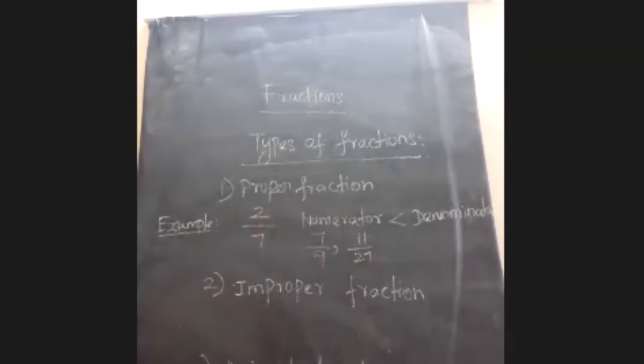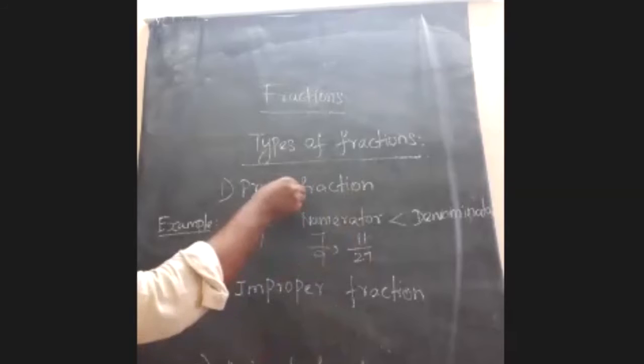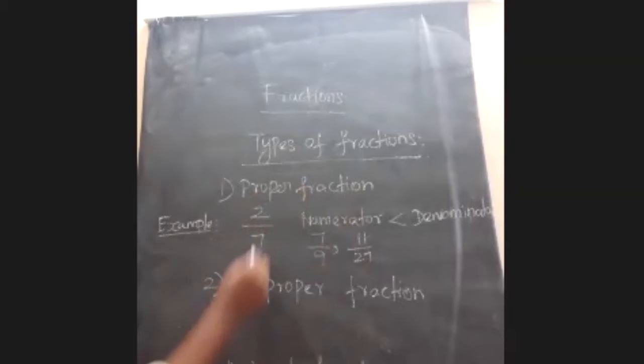Then what about improper fraction? This improper fraction is just the opposite of the proper fraction. Let me write one small example, 7/3. Here your numerator is 7 and your denominator is 3.